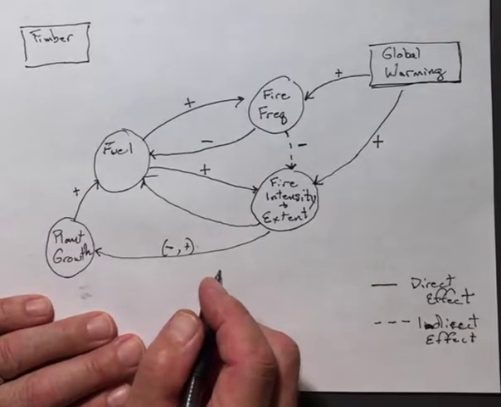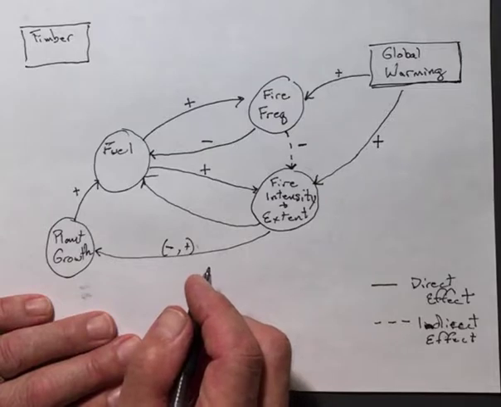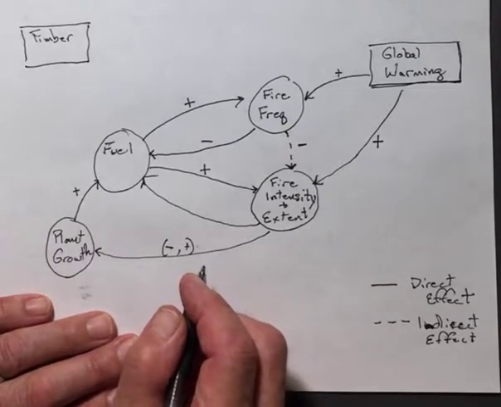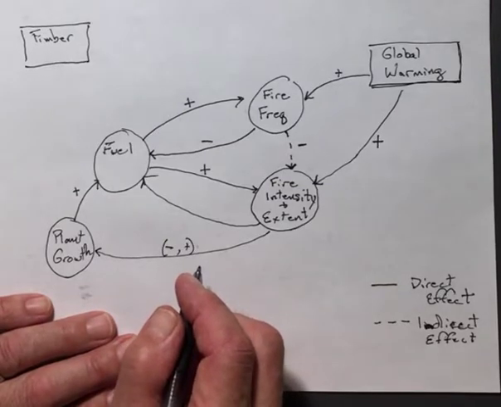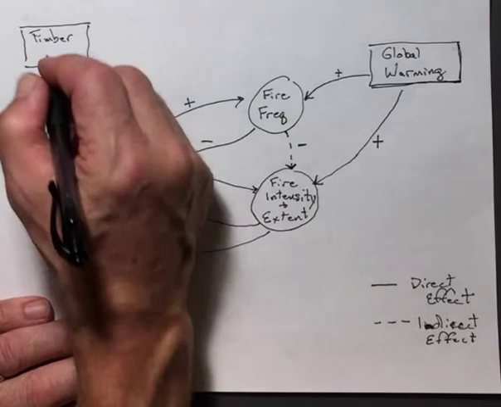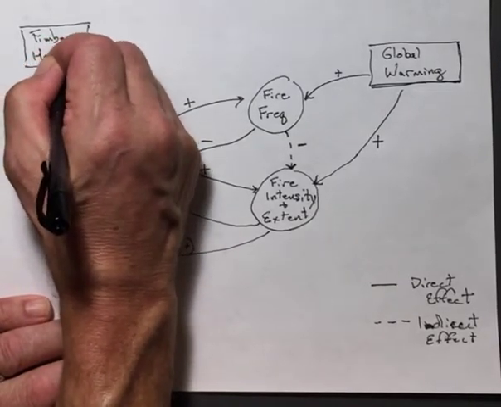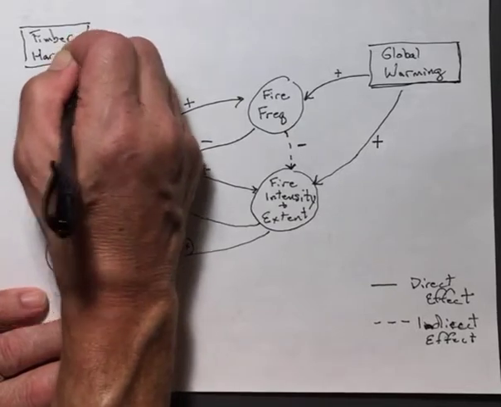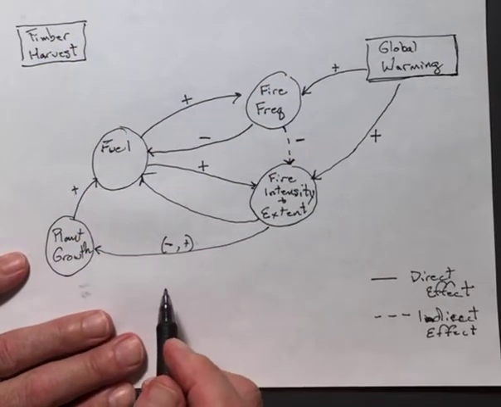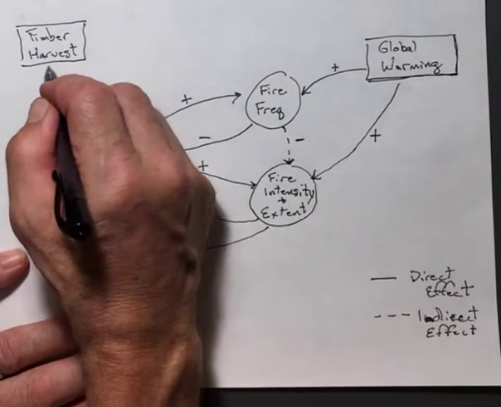The Forest Service leases it for very low money to timber companies to come in and cut the trees and sell them for timber. So timber harvest is a way to remove some of that fuel.